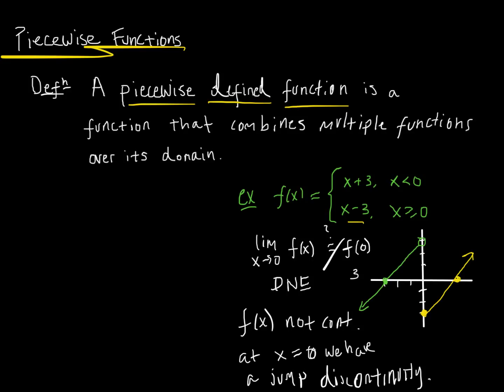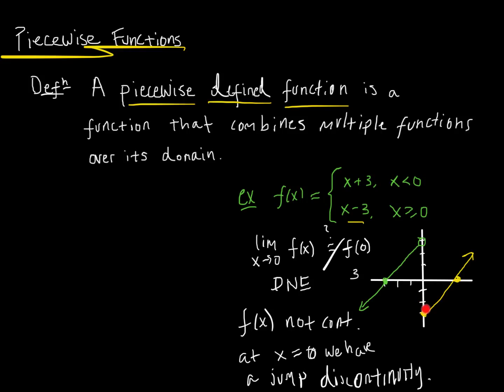And so our question is, what could we do so that this limit, first off, has to be defined and then is equal to the value at 0, or f of 0. And there are actually two options here, right? What I could do is move the right part of my function up 6 units, or translate it vertically 6 units.